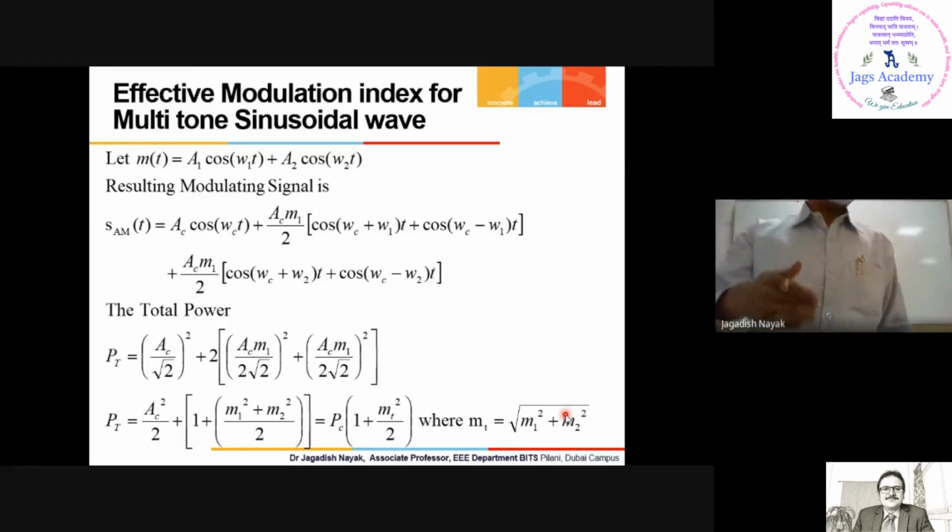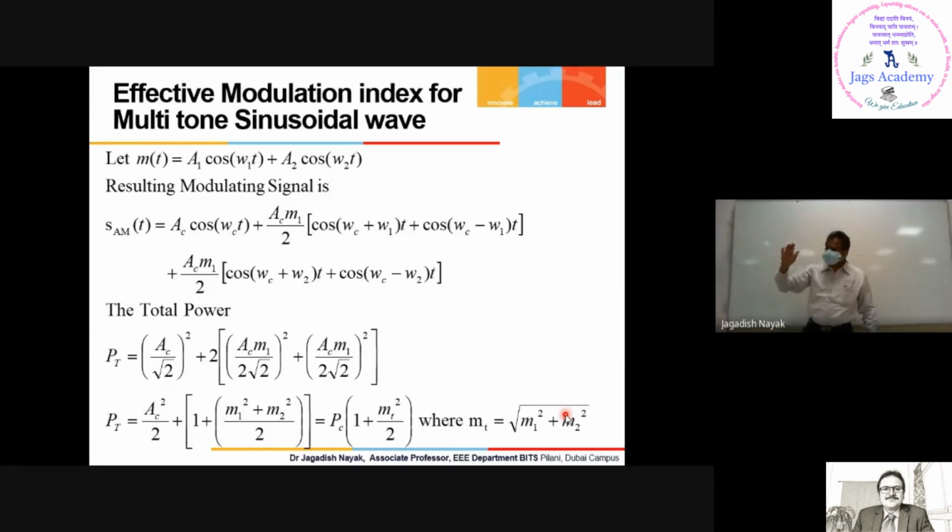Now, let us generalize this for a signal with n frequencies. It's not only two frequencies present in a signal. This m of t may be a1 cos omega 1 t plus a2 cos omega 2 t plus a3 cos omega 3 t plus a4 cos omega 4 t and so on. It's possible that a signal may have multiple frequencies. In such cases, what is the effective modulation index?